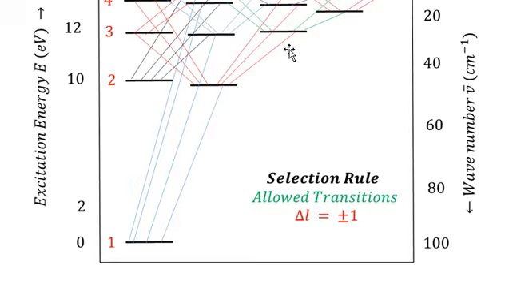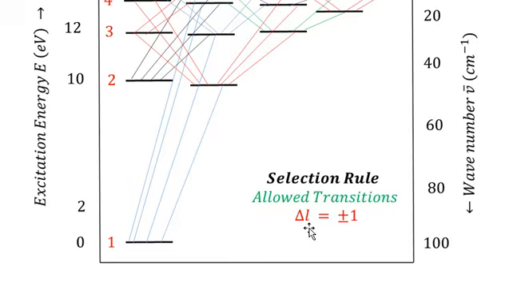This is optically forbidden. The rules that determine those forbidden transitions are referred to as the selection rules. The selection rules give you the way that you can excite the hydrogen atom to different levels. Under the selection rules, we can have allowed transitions, and the allowed transitions are delta L equal to plus or minus 1.